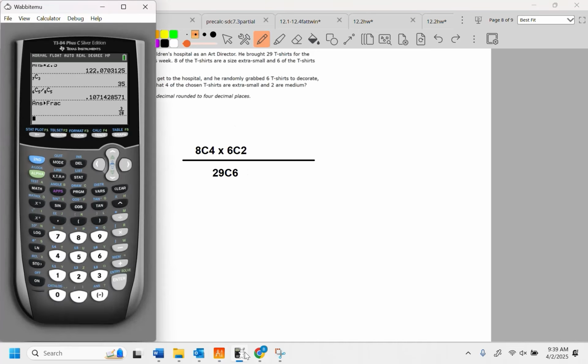And from there, it's just a button pushing operation. Math, num, N over D. We have an 8, math, probability, choose 4 times 6, math, probability, choose 2, sitting pretty over 29, choose 6.